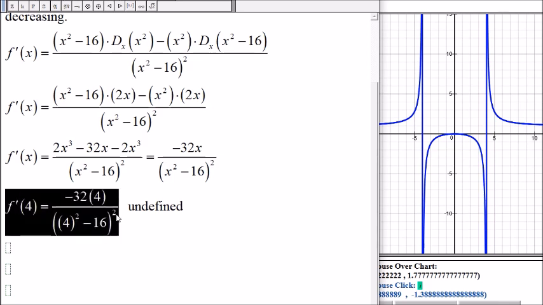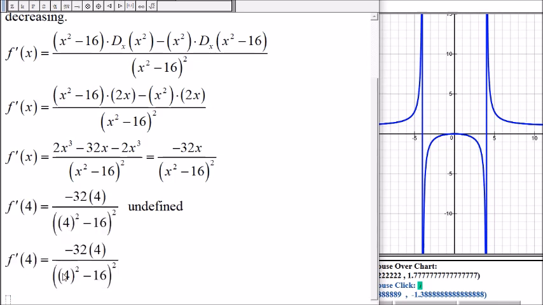And then similarly, if we let x be negative 4, then we also get undefined, because negative 4 squared is 16, and 16 minus 16 is 0, and this is undefined.